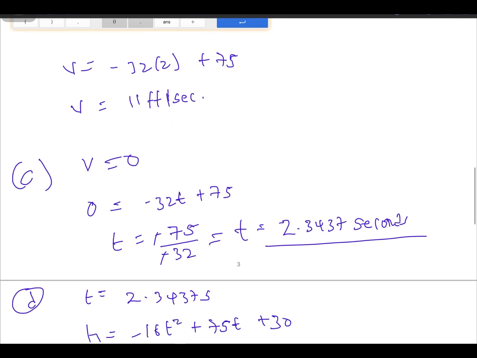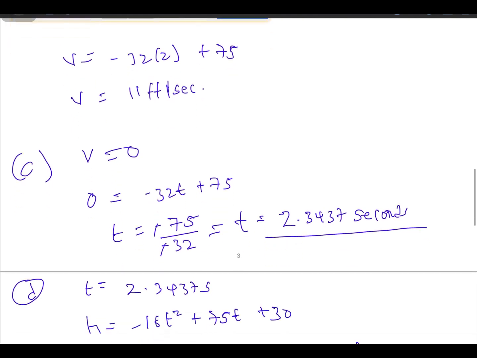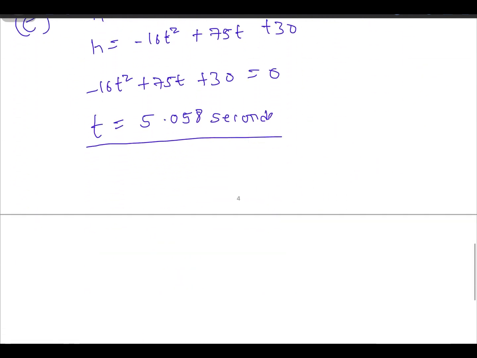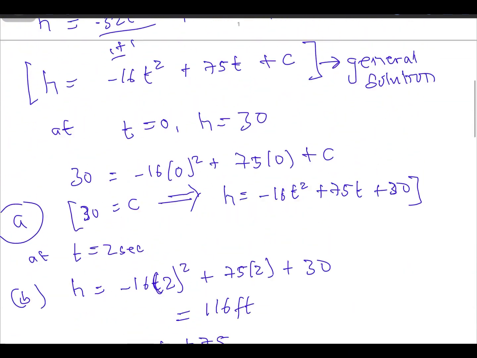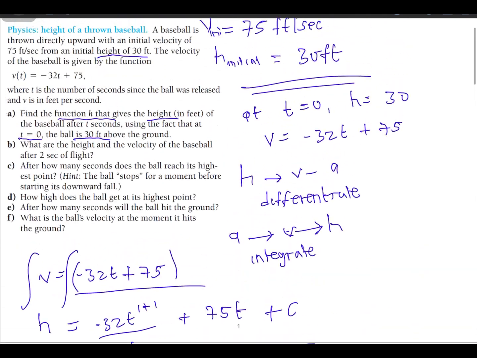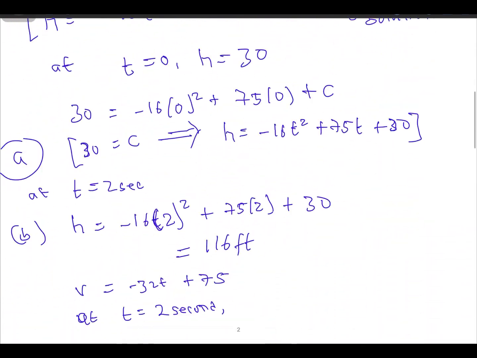You will get there, this is the velocity function, v equal to negative 32t plus 75.